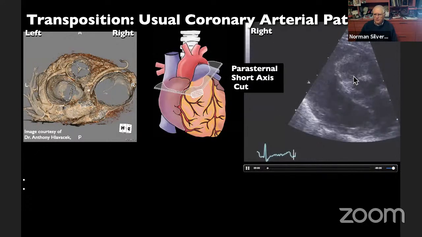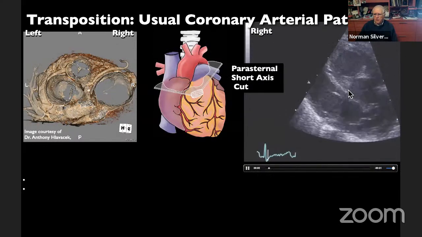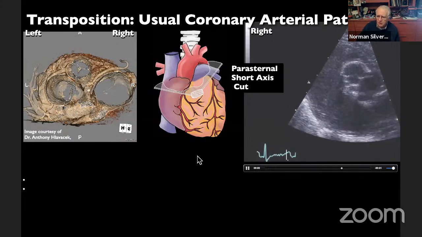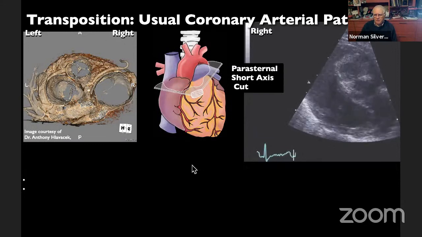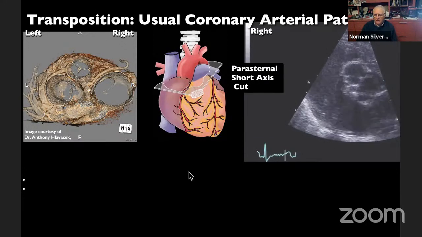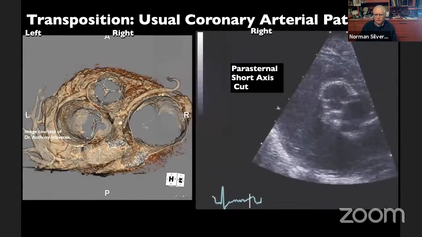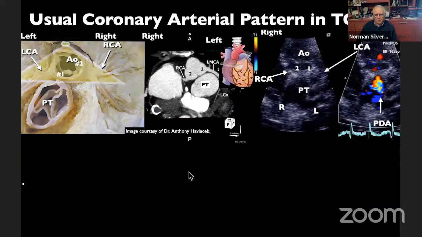And I think the origins and courses of the coronary arteries can be well seen. And we'll obviously listen to what Dr. Agati would say about his feelings in the editorial in questions and answers on this very topic. Now, here again is another morphological view. So this is the left coronary artery and the right coronary artery here. Another picture from Dr. Vlavacek, where he's compared this to the echocardiogram.